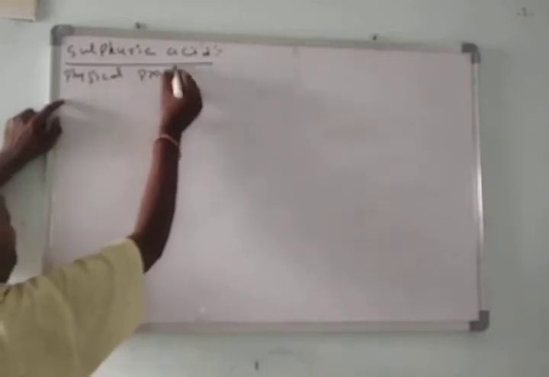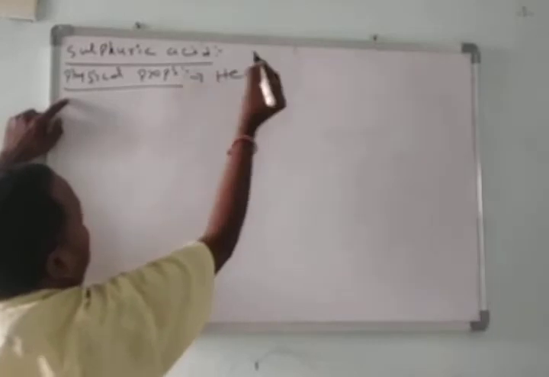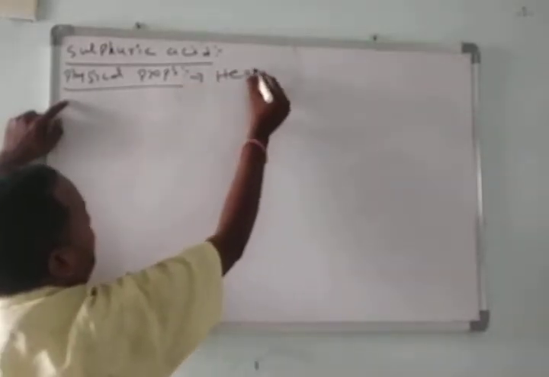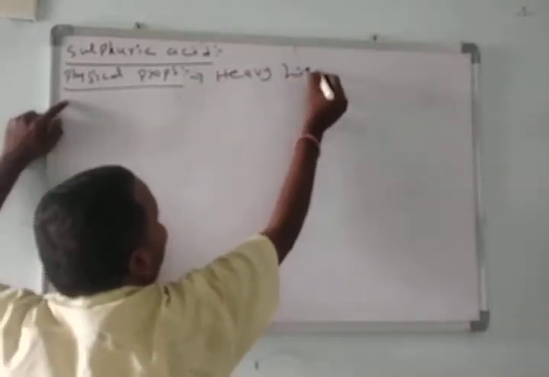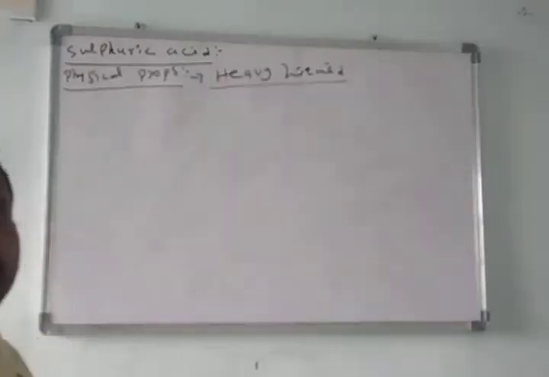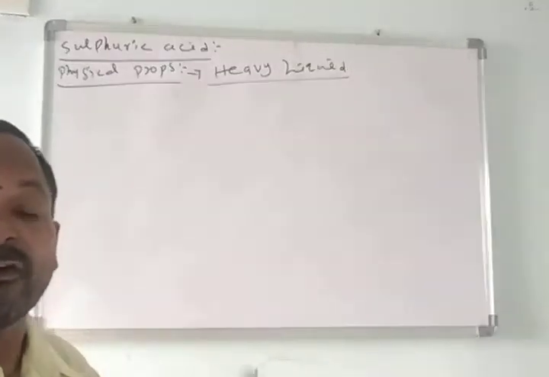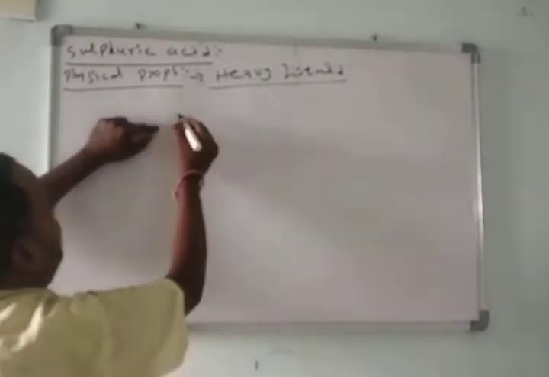It is a colorless and heavy liquid. Why is it a heavy liquid? Because it involves intermolecular hydrogen bonding.